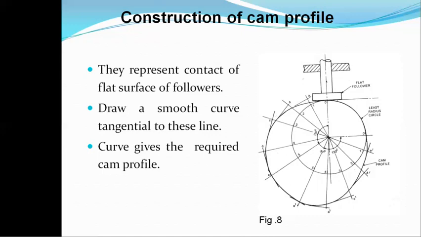This will be all about it. So in the last 4 lessons we completed knife edge follower with uniform velocity motion, simple harmonic motion, and uniform acceleration and retardation. We also completed roller follower with uniform velocity, simple harmonic motion, and uniform acceleration and retardation.